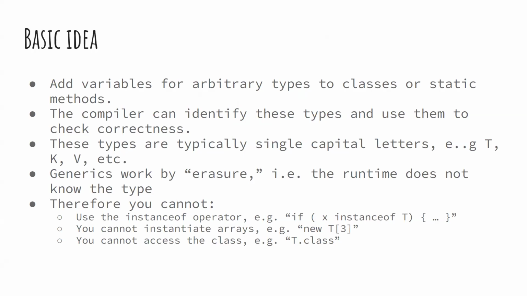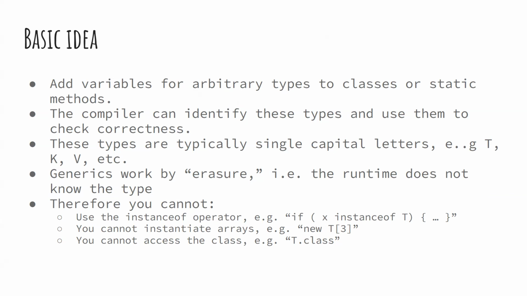And the compiler can identify these types and use them to check correctness at compile time. Typically, we use single capital letters for this, and I have a typo in my e.g., I see. So we have T, K, and V as the names we usually use for these kinds of variables. You don't have to, it's just what people usually do.